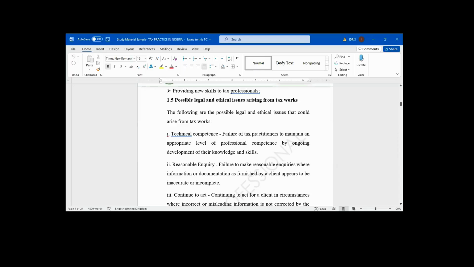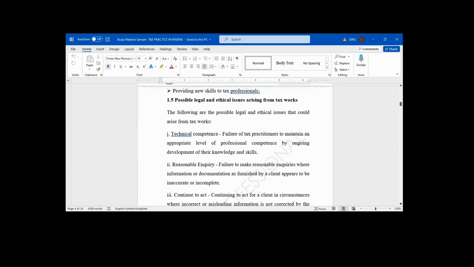ICAN has made it easy. Even after you have qualified and been inducted, you still need to attend a training called MCPE, mandatory continuing professional education, where you update your knowledge. It is also in tax.